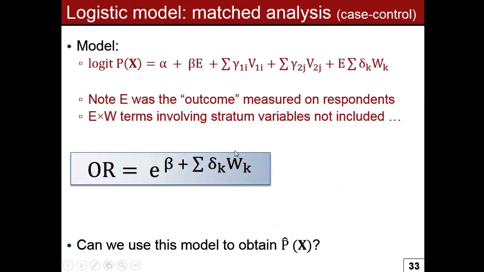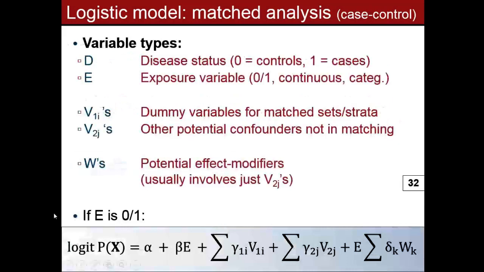Now, I want to point out, and I think this feels a little funny, but notice that E here in this model, in our case control design, is actually kind of the outcome in a sense, right? You do a case control study. Well, case is really on the left.